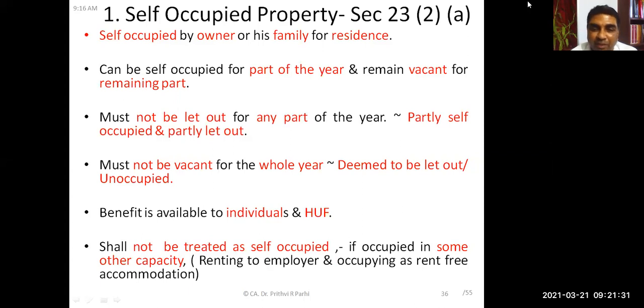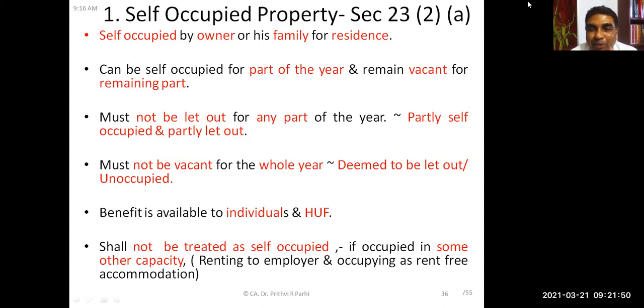Some other capacity means, I'm giving you an example. Suppose an employee is owning the house and occupying the house, but he has given the house on lease to the company, the employer, and the employer has allotted that house again to the employee. Are you getting?